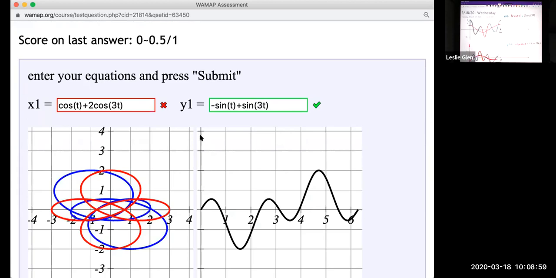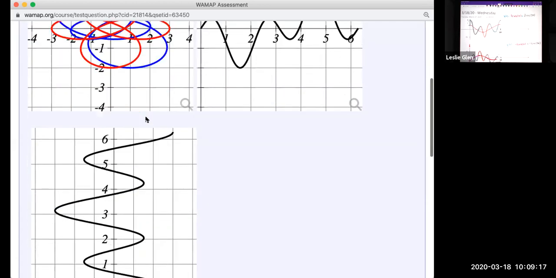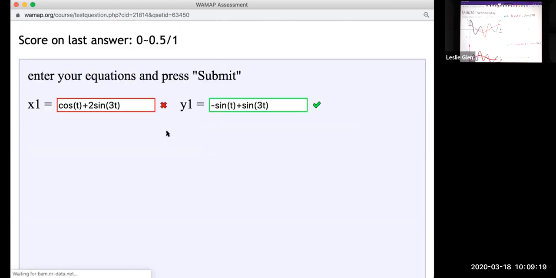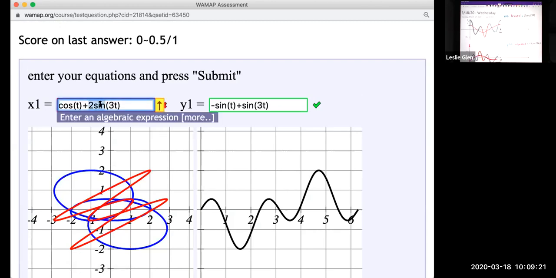I'm actually pretty confident about my X graph, but if I change this, then I'm going to need to change this one as well. Notice that now I have 2 sines and 2 cosines though. So maybe one thing we should do is try changing one of these to a sine and see what happens. Well, that wasn't it.